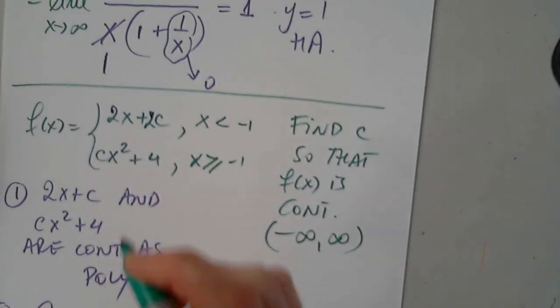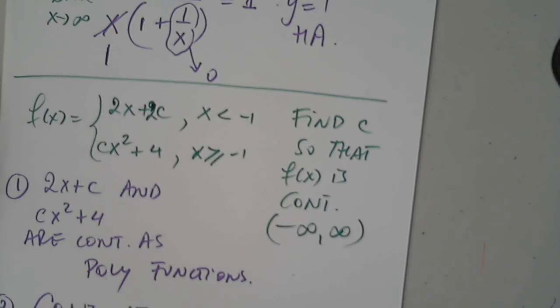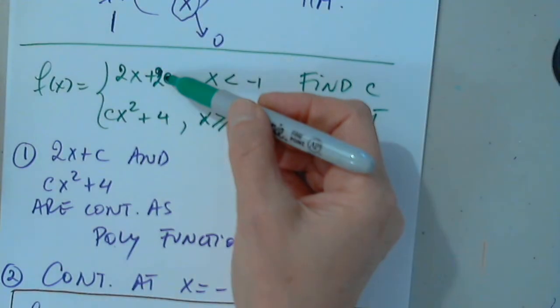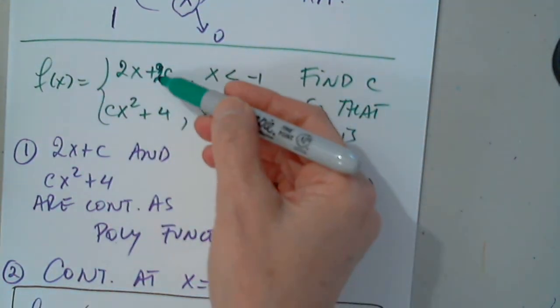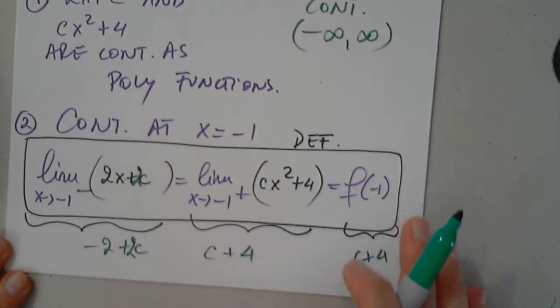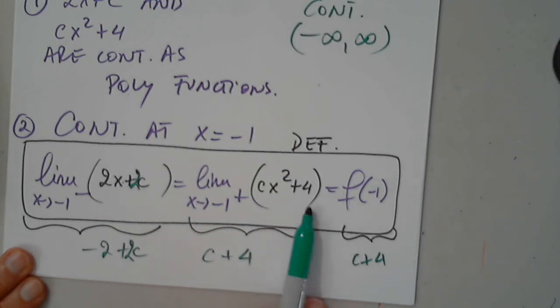So please change the function into, as I said, I was hoping it wouldn't. It didn't need an adjustment, but it does. So 2x plus 2c, or any number, doesn't matter really, as long as it's not 1. Good, so then the limit will be -2 plus 2c, that's correct, c plus 4, and c plus 4.